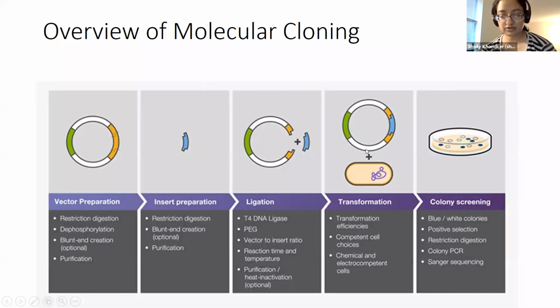This is a process known as transformation, and you would confirm that your vector has been taken up by E. coli by some kind of a screening method. So for instance, if your vector contained an ampicillin resistance marker, if your cells have been successfully transformed with your vector, they should be able to grow on ampicillin.